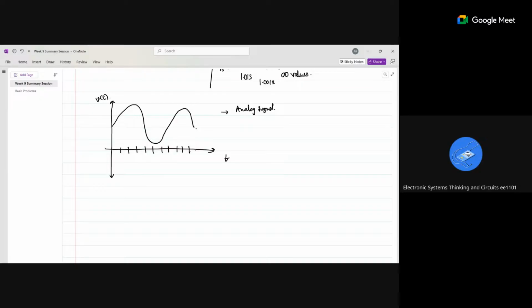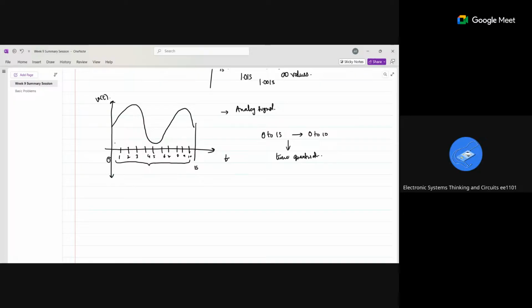Let this value be 1 second. From 0 to 1 second, I'm going to break it into parts, and each part I'm going to give a value 1, 2, 3, 4, 5, 6, 7, 8, 9, 10. Converting this 0 to 1 second into these 0 to 10 values is called time quantization, right? Yes, ma'am.